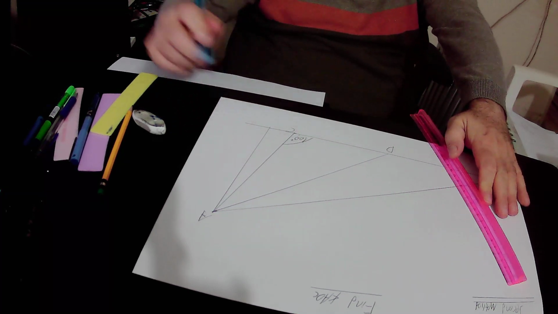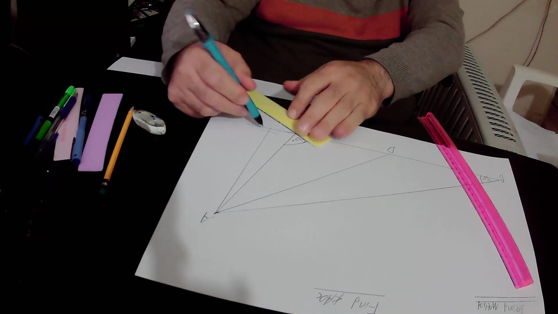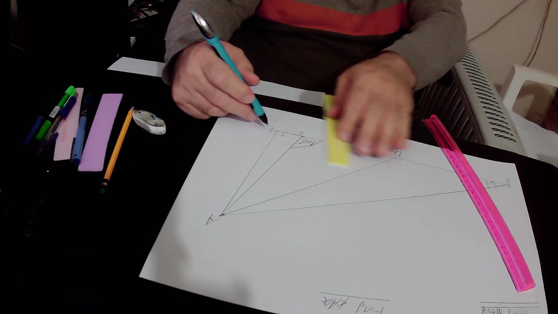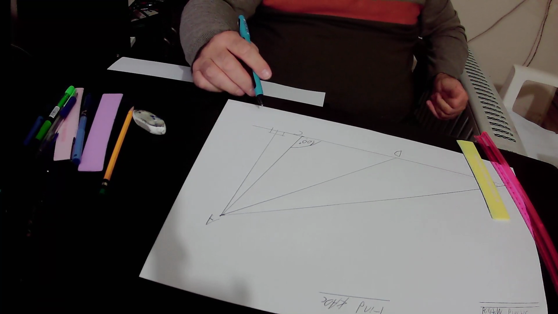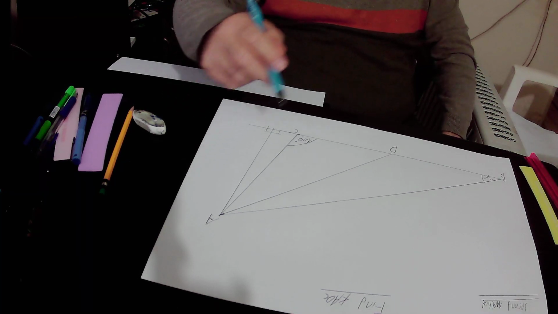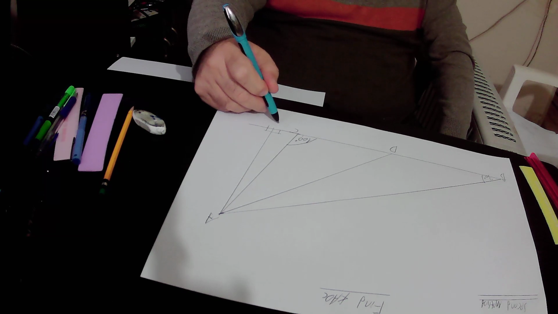So this angle is a right angle, that is to say it equals 90 degrees. And this angle is also a right angle. And we will define the intersection point between the perpendicular from point A and the extended BC as point E.